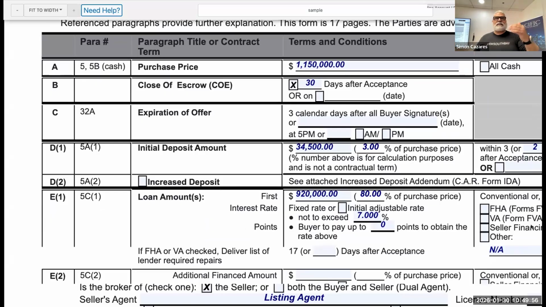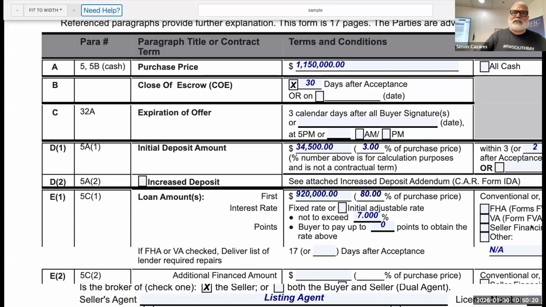You look at the MLS, it may be 1 million, it may be 800, it may be $2 million. But for the sake of today's class, I'm using 1,150,000. If the property is a cash deal, meaning the buyer's going to go all cash, no traditional financing, then you would check all cash. But in this case, we are going with traditional financing.